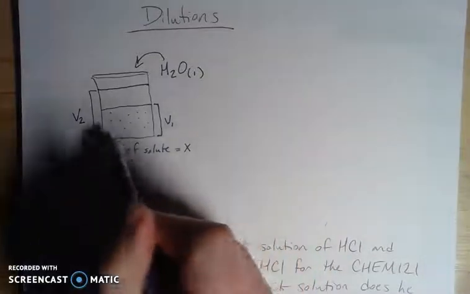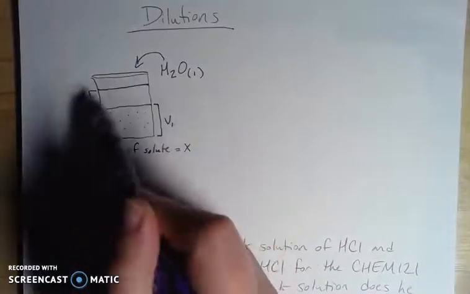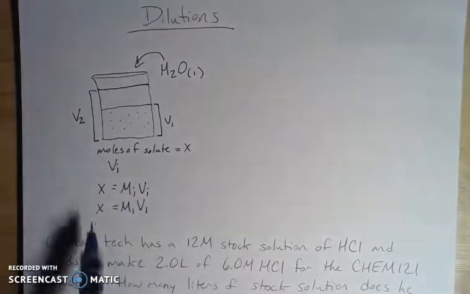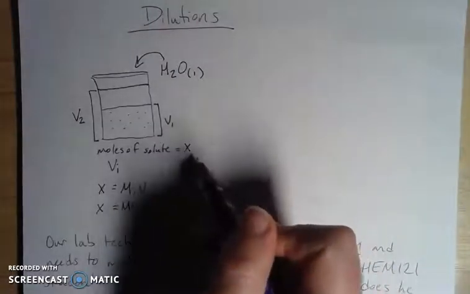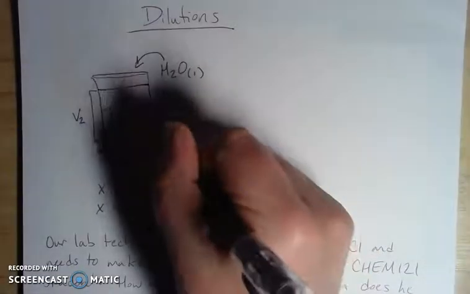Then the only thing that's changed between these two things is the amount of space that it takes up. The number of particles didn't change, so I still have X moles of solute, right? That's the same. But what I've changed is now I have this new condition, this V final or this V2, right?